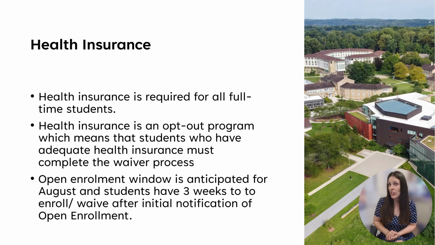The notification tends to come out a little bit later in August, and students have 3 weeks from that notification to either waive their health insurance or enroll in a plan. There is a note that if you do enroll in Goucher's health insurance, it is for the year. With that, half of it will be billed in the fall and the other half will be billed in the spring.